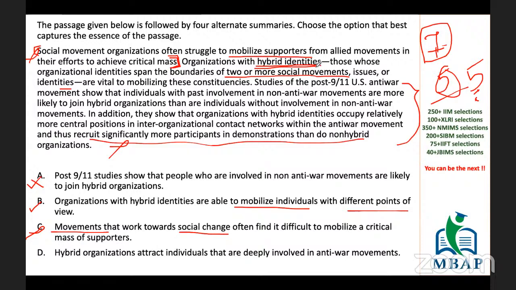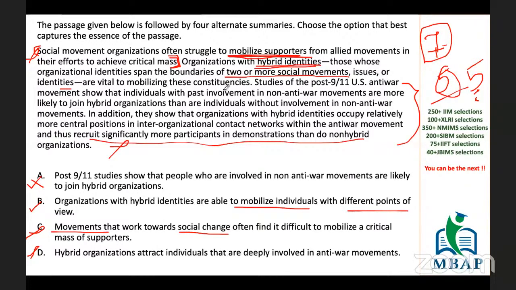Okay, let's see. But again, this key element was all about mobilizing the supporters. So keeping this in my mind, my introduction was about mobilizing supporters, and then I introduced hybrid identities.